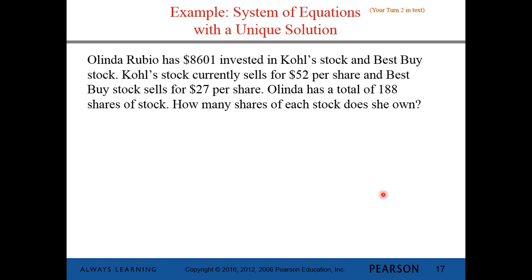So we know that the total cost of the shares is 8601. So we know that $27 times the number of shares of Best Buy stock plus $52 per share times the number of shares of Kohl's stock, whatever those two dollar amounts are, they have to add up to 8601.